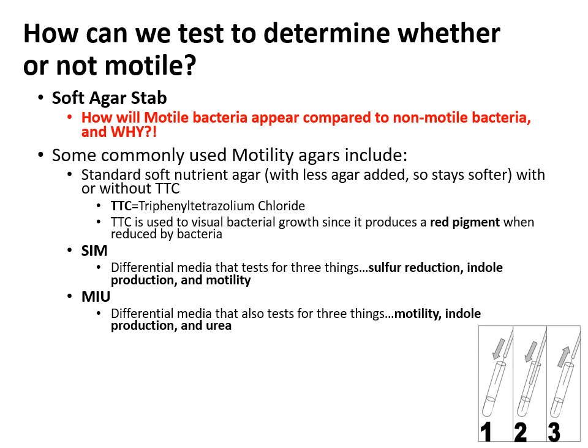But first, I just want to mention that sometimes, in addition to using regular standard agar, like the TSA that we use, they also add things such as TTC, a chemical that will allow red pigment, or they use agar such as SIM or MIU, which has multiple differential aspects.